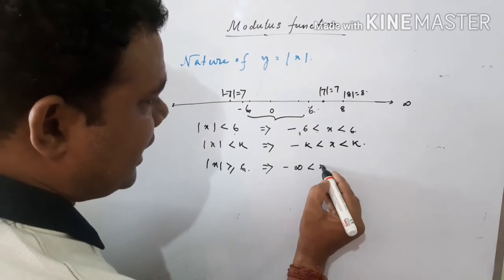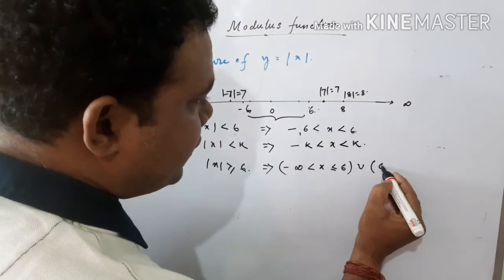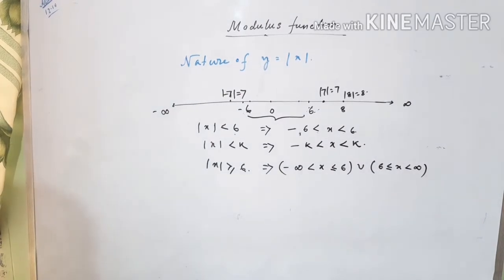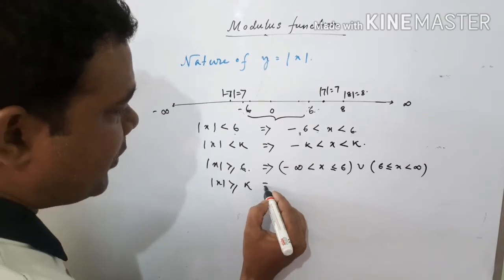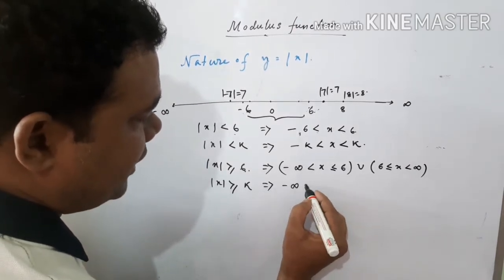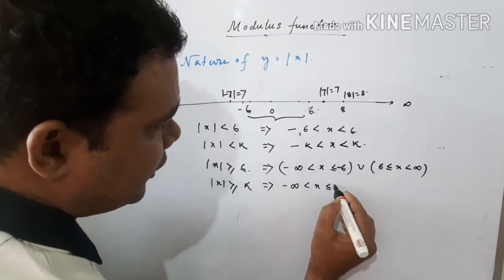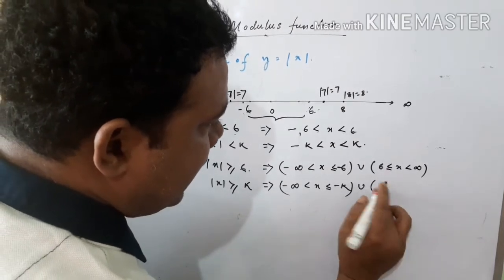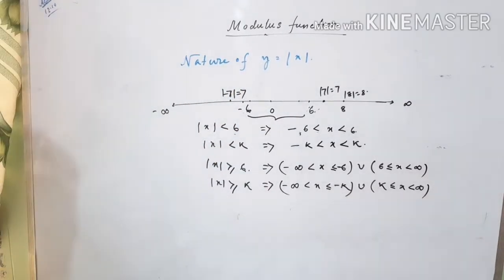Minus infinity less than x less than or equal to minus 6, union 6 less than or equal to x less than infinity. Clear? So in general what we can write: mod x greater than k implies that minus infinity less than x less than or equal to minus k, union k less than or equal to x less than infinity, that is at the left of minus k and at the right of k.